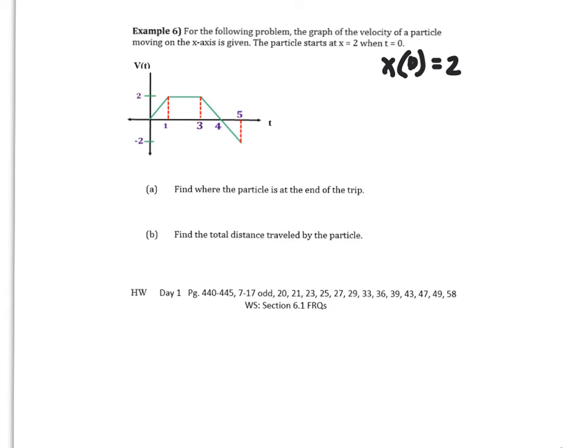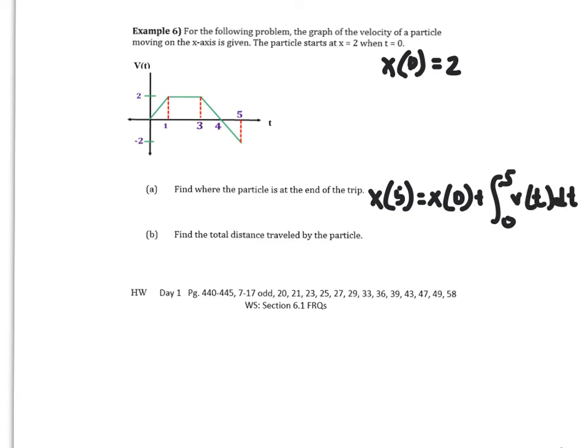So if I want velocity, I want position after 5 seconds. That's going to be position at time t equals 0 plus the integral from 0 to 5 of v of t dt.